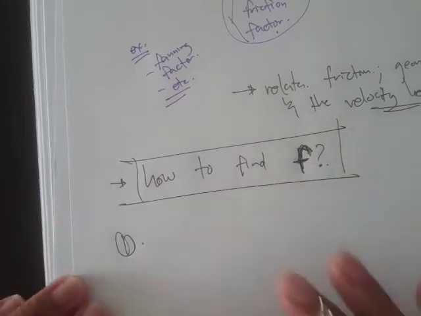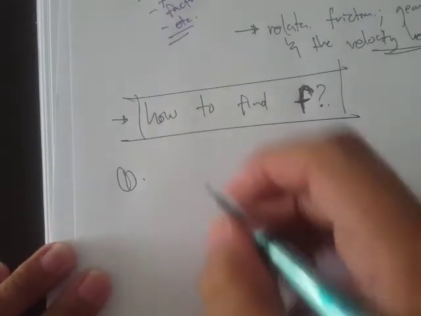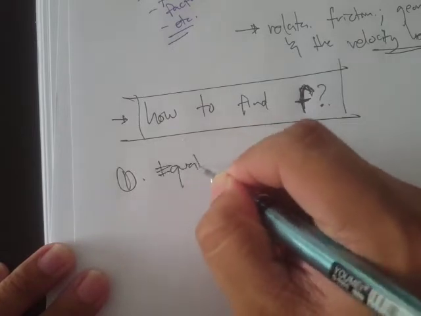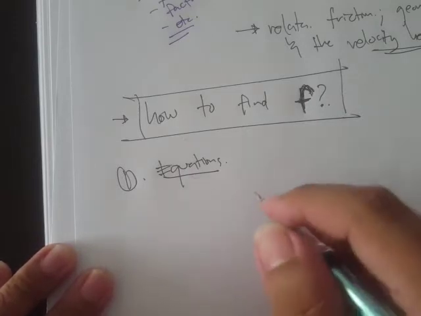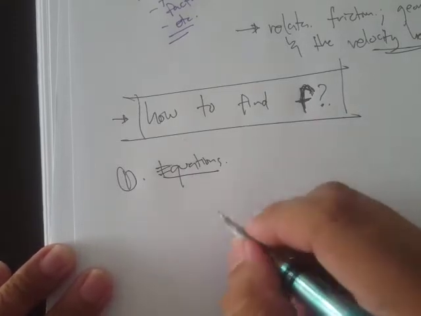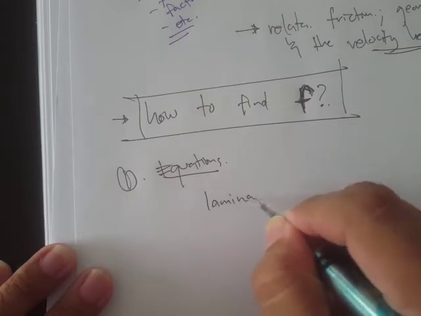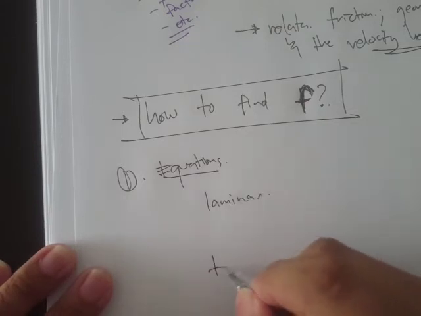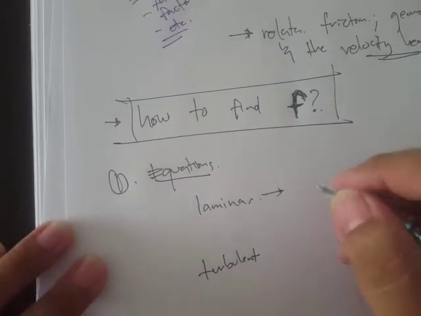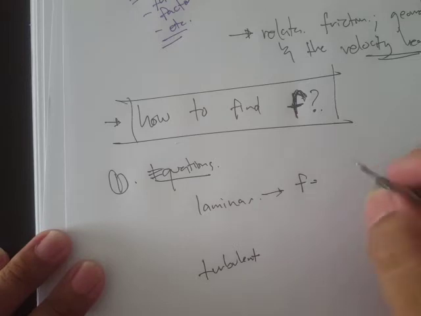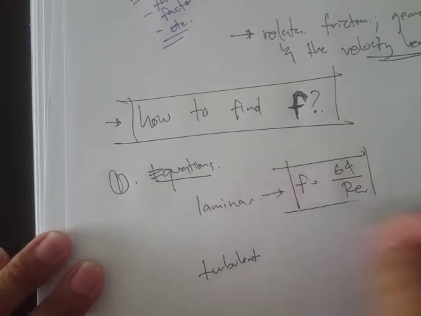The first method is that we can obtain it through equations. By using equations, we can solve for the value of f. When using equations, we have to determine if our flow is laminar or turbulent. If it's laminar, the equation is f is equal to 64 over Re, so the friction factor is just dependent on the Reynolds number.